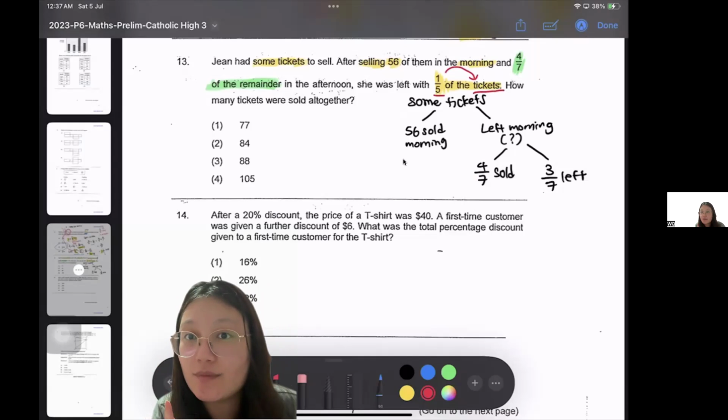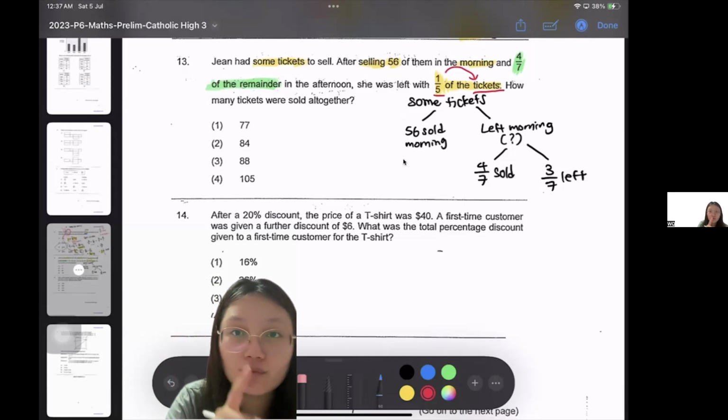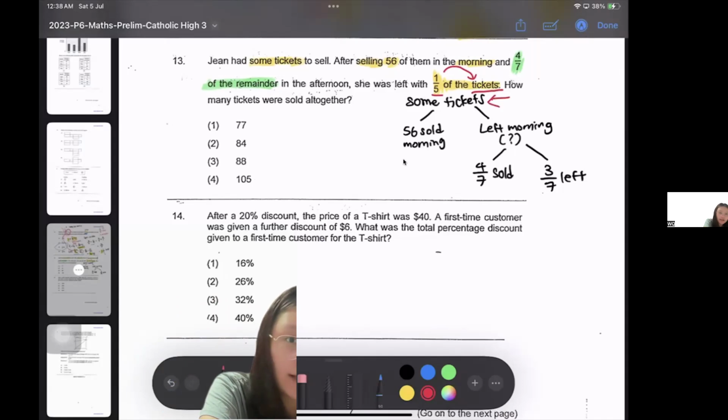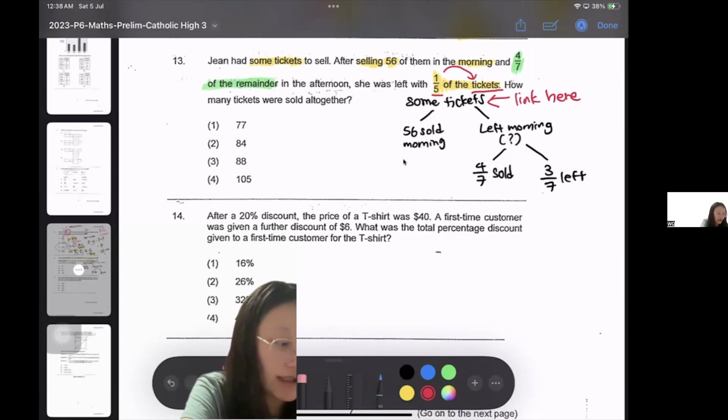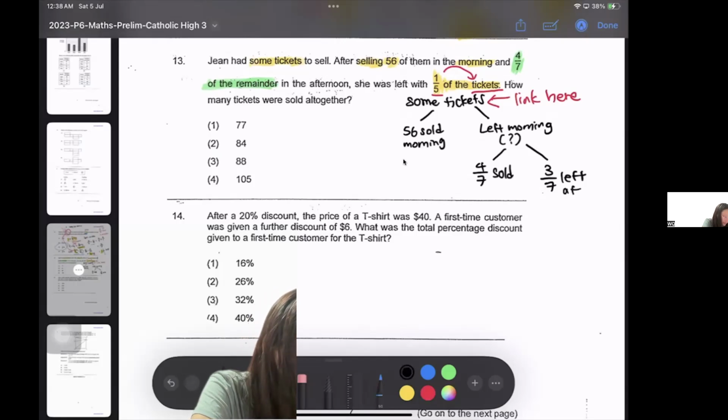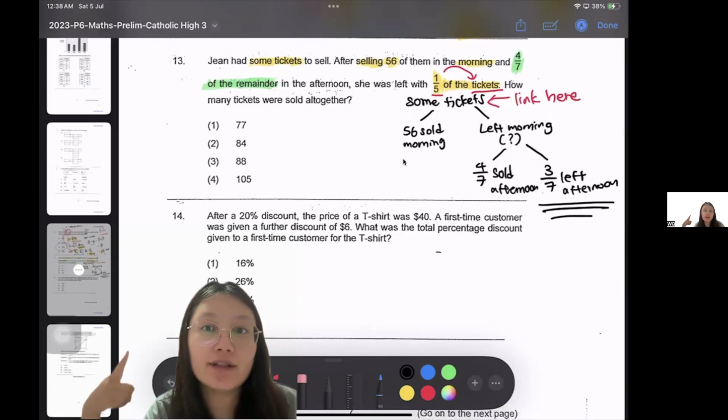So this means that you need to link it back all the way to the start here, where it is some tickets. You must link here. How do you link that? Firstly, you need to know that the left in the afternoon is the 3/7. So you need to work with the 3/7 over here, which is the left in the afternoon.